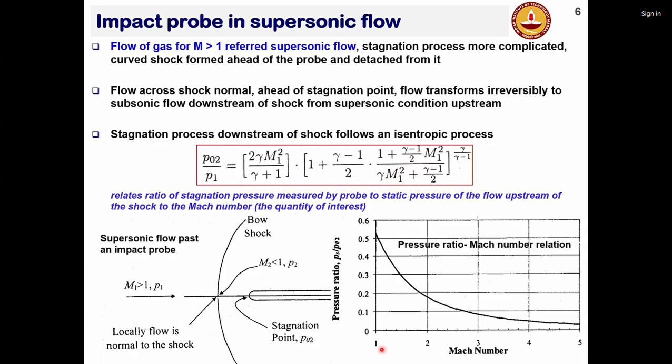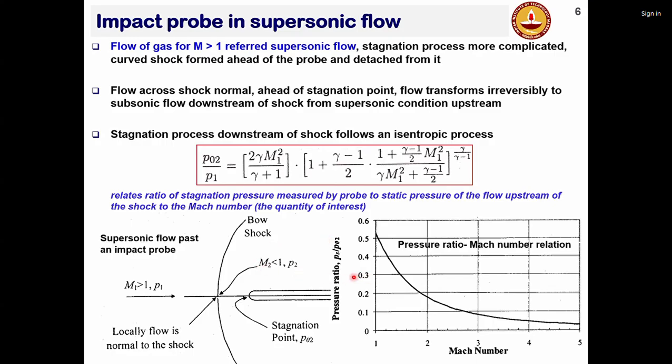And here you can see that we have Mach number on the x-axis, and on the y-axis we have the pressure ratio of the static pressure to the stagnation pressure. And as you can see, stagnation pressure comprises static pressure plus dynamic pressure.